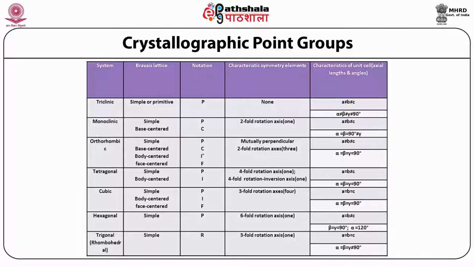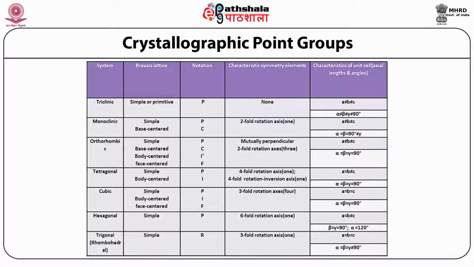Now we have 5 columns. The first column is on systems. The second column refers to Bravais lattice. The third column refers to notation. The next column refers to characteristic symmetry element. And the last one is the characteristics of the unit cell that gives axial lengths and the axial angles.